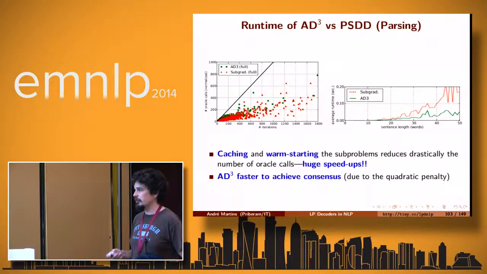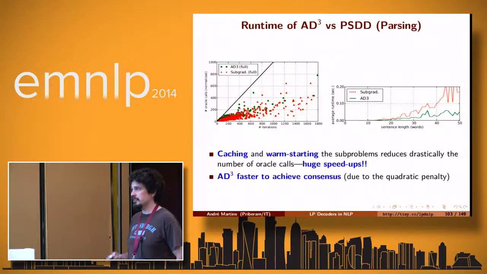So there is one important fact, which is that in both algorithms, subgradient and AD-cubed, we can take advantage of caching. This is something which is actually not possible in several other algorithms, like, for example, the accelerated gradient one. So this means that when you solve a local problem, we can cache the solution that we obtained, and it's often the case that in the next iteration, the problem that you need to solve is unchanged, and you can just use the previous solution that we have already computed.